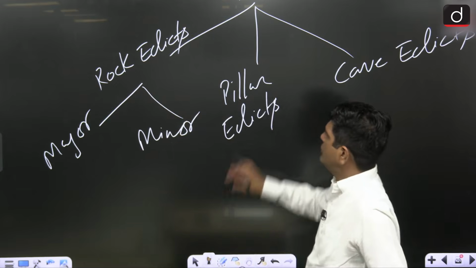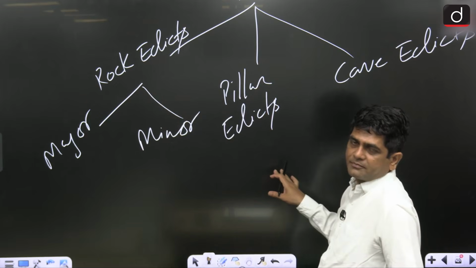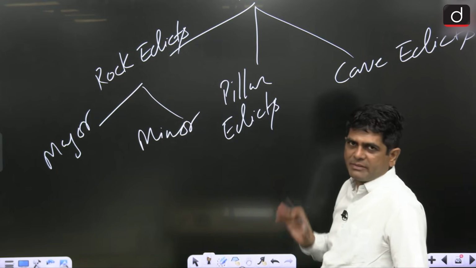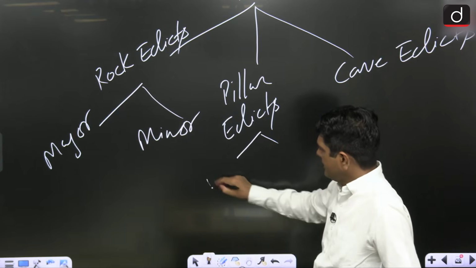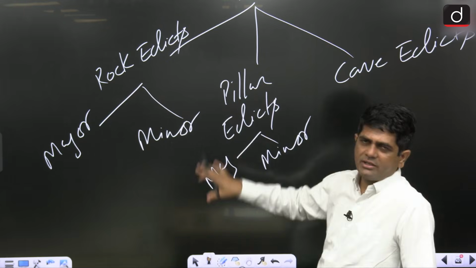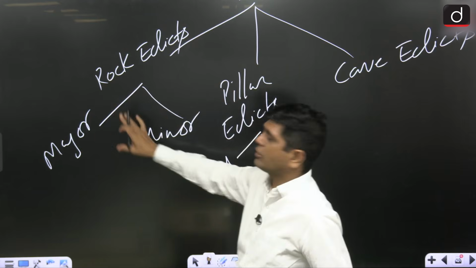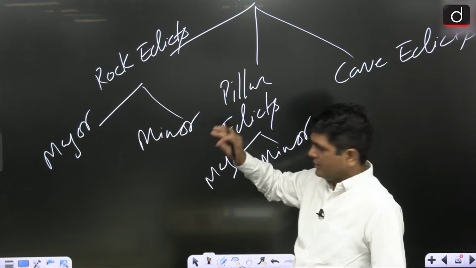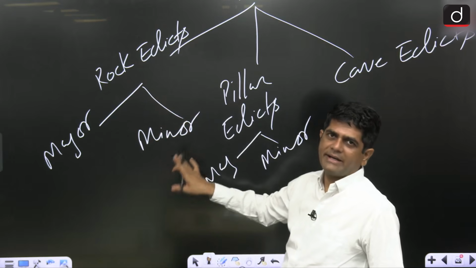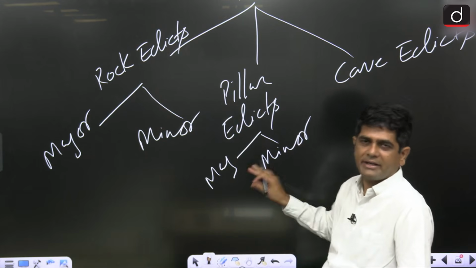Same way you can say about major and minor pillar edicts. Clear? What is the difference between major and minor? More information: major pillar edicts, major rock edicts. Limited information on rock is known as minor rock edicts. Limited information on pillar is called minor pillar edicts.